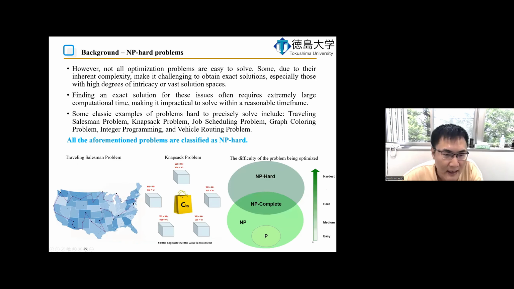Finding an exact solution for these complex issues often requires extremely large computational time, making it impractical to solve within a reasonable time frame. Some classic examples of problems hard to precisely solve include the traveling salesman problem, the knapsack problem, and so on. All the aforementioned problems are classified as NP hard.